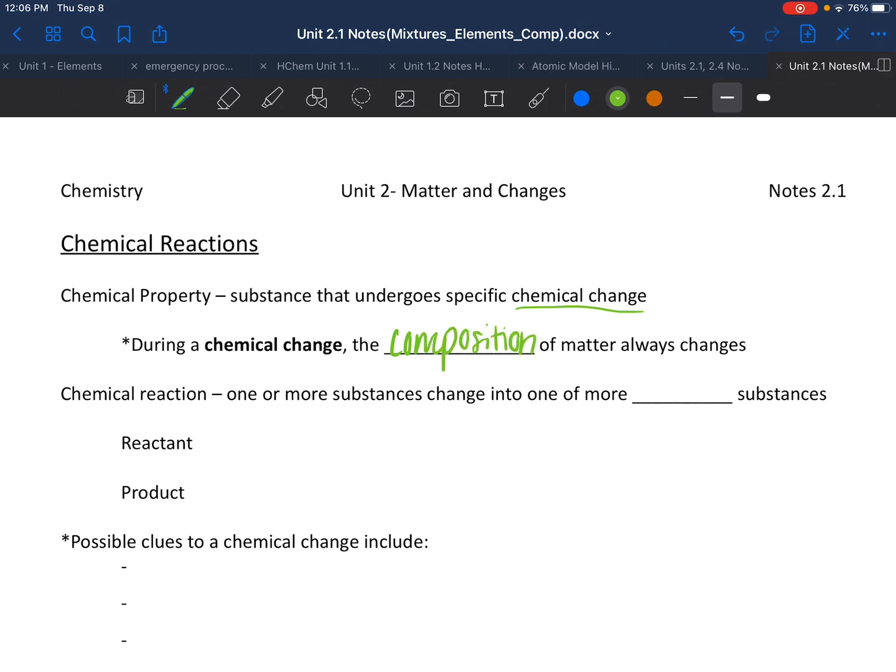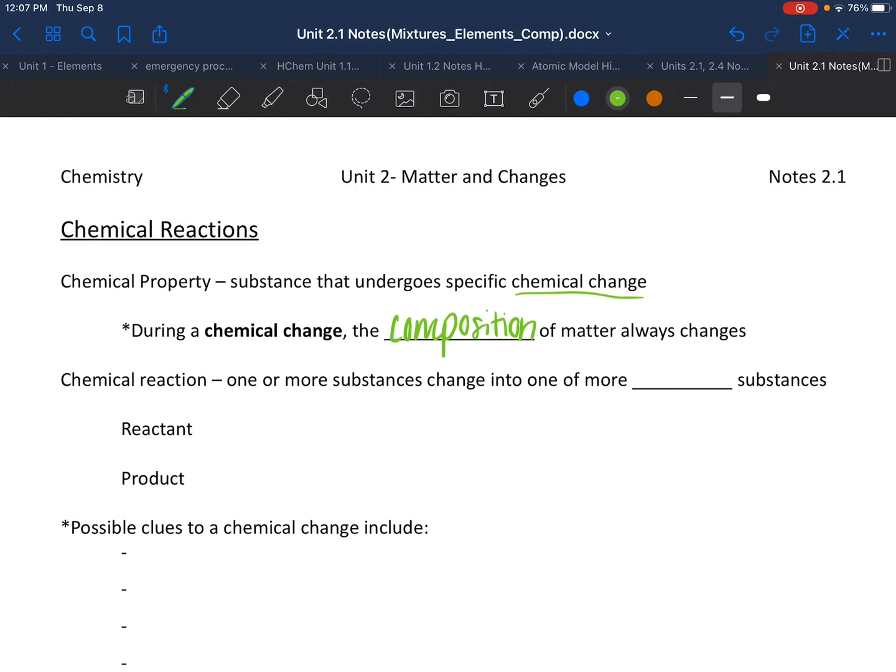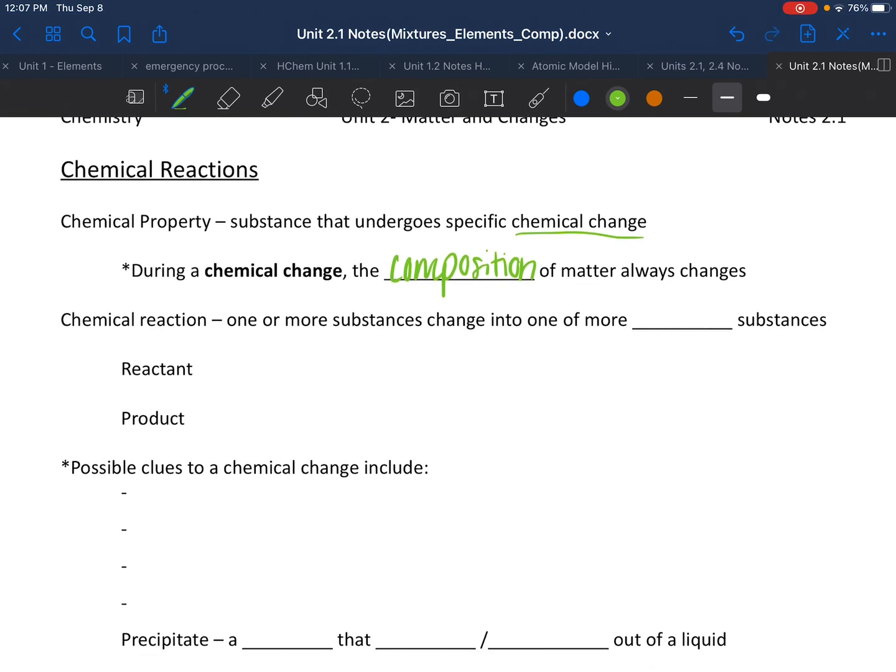A common misconception is if you boil water, that's a chemical change. But that's not true. When you boil water, you're just turning it from its liquid state to its gas state. So changing states of matter is not a chemical change because H2O is still H2O, even when it's a liquid or a gas. Changing the composition means creating a whole different substance.